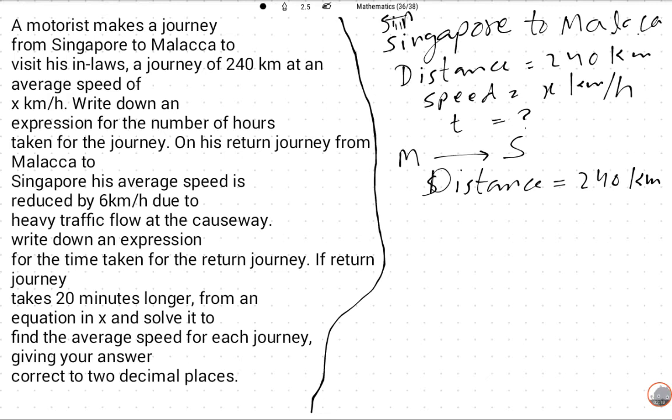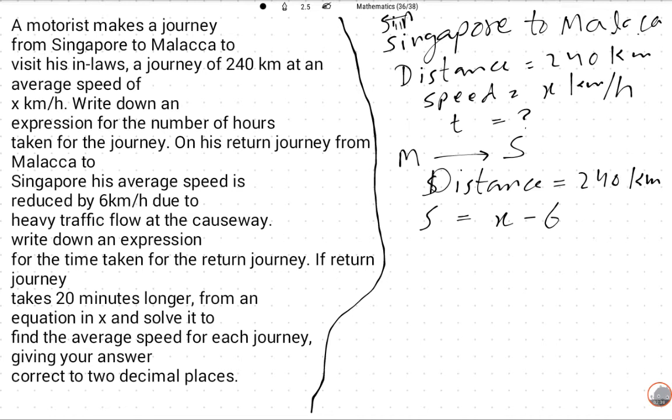So the game is only in two things, speed and time, and we will get the answer. Speed is x minus 6.